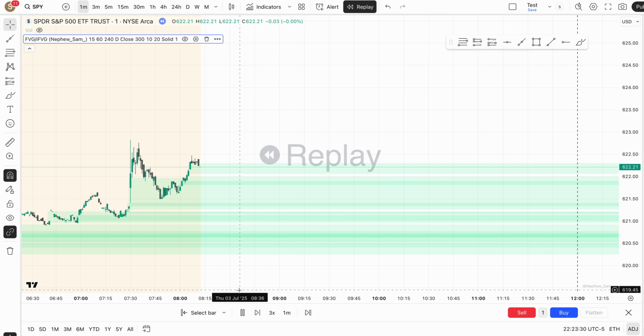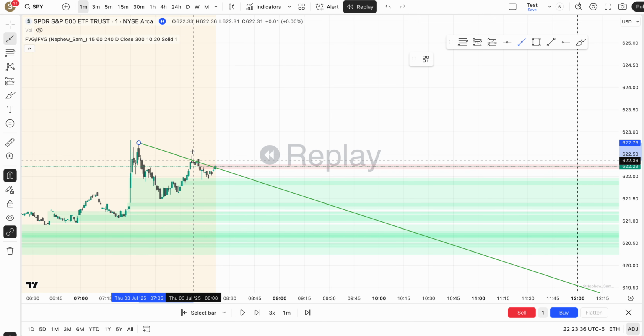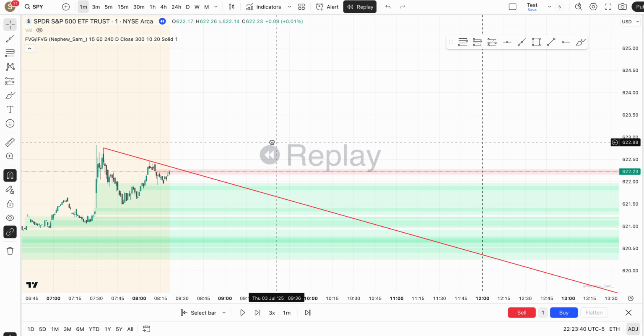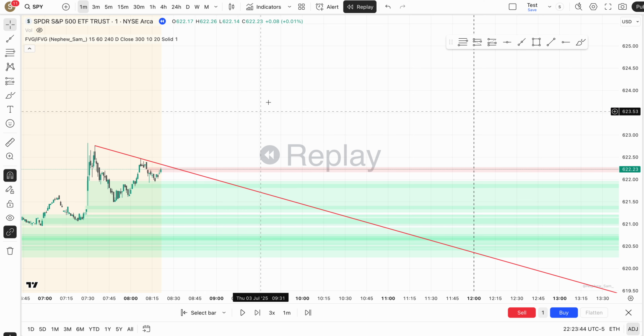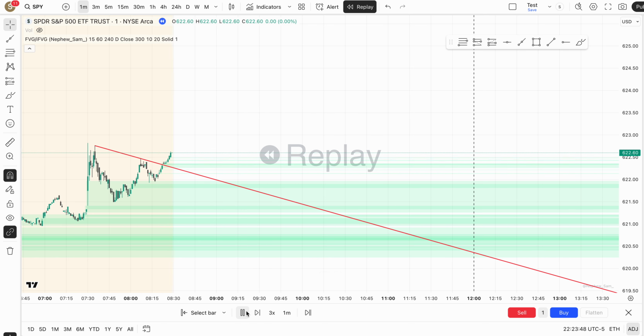All right, I'm not paying attention to any of the news. I'm just marking out what price action shows us, and it's in a downtrend currently. We're going to wait for price to break this level before we start entering calls. It broke here during pre-market, so we'd be looking to enter calls right at open.